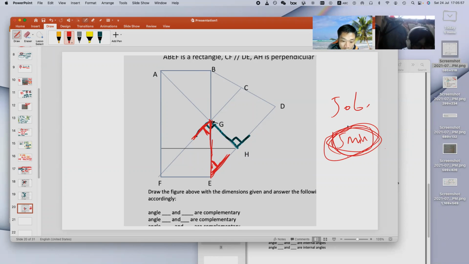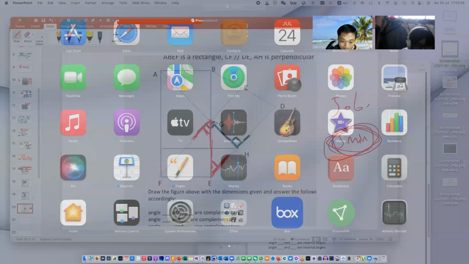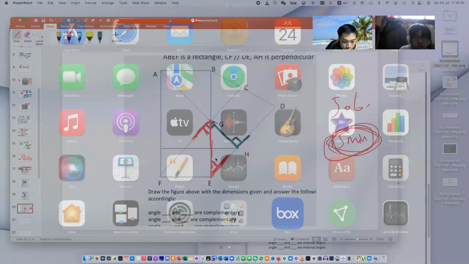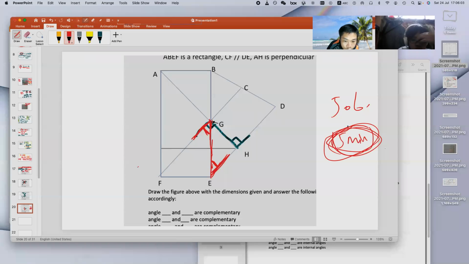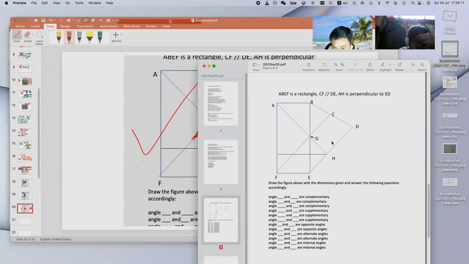Okay, but anyway, I just want you to know I will continue to give you this question. So you go home and redo this question plus the similar question I'm going to give you. I will continue to give you this type of question.